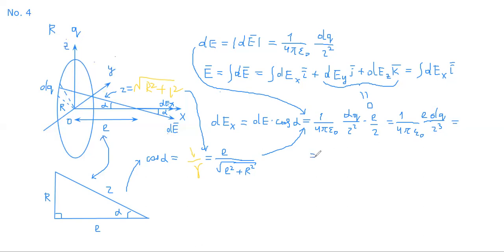And this is equal to 1 divided by 4 pi epsilon 0, L dq divided by the square root of L squared plus R squared, under the root and to the power of 3.